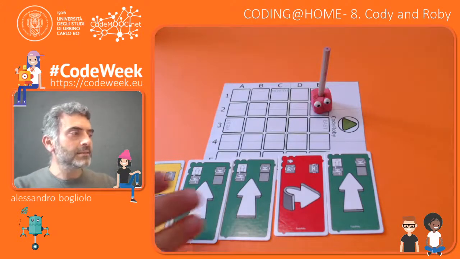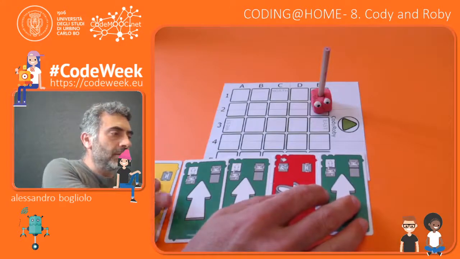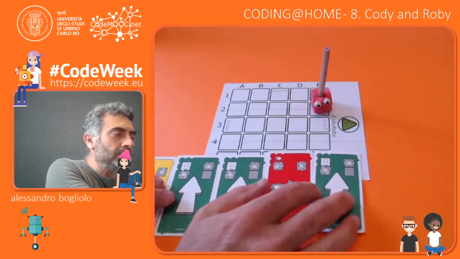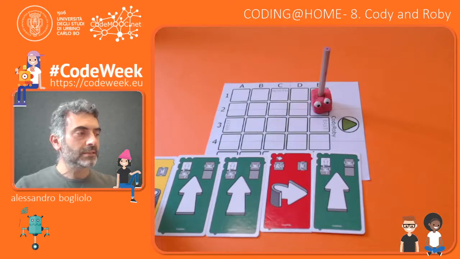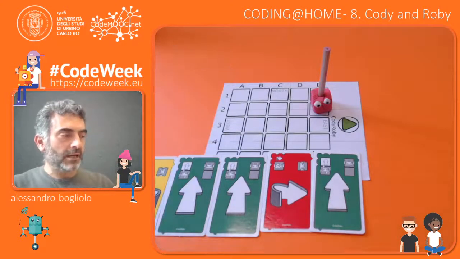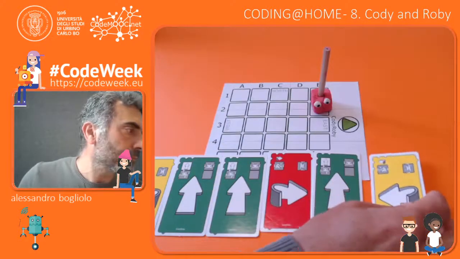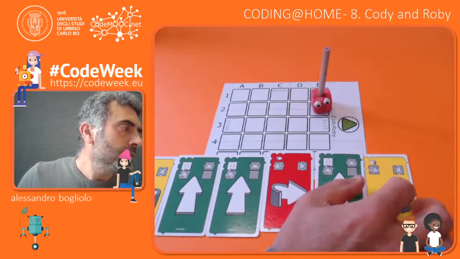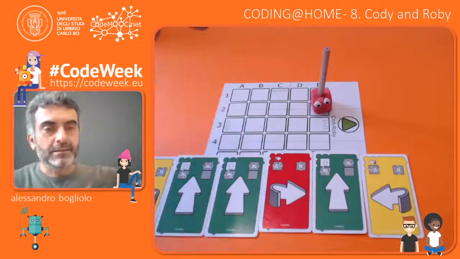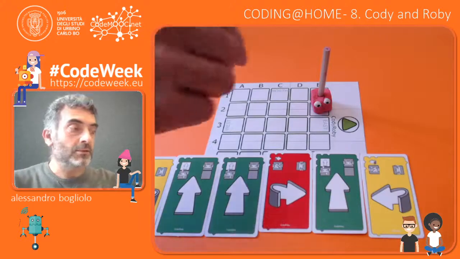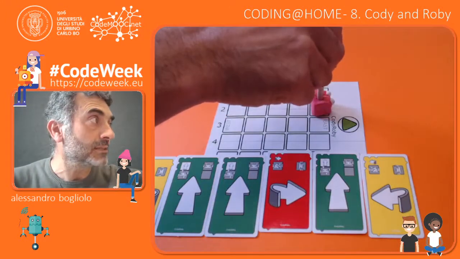In this case, I made a programming error, and in order to correct it, I have to turn left here. So now we can easily check that it is correct just by executing this last instruction.